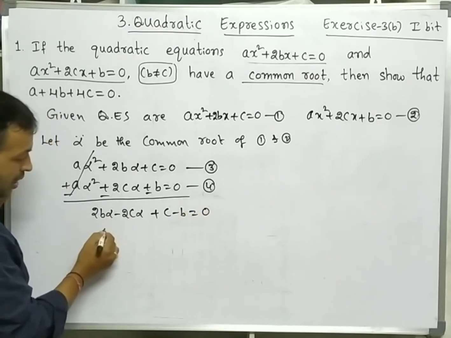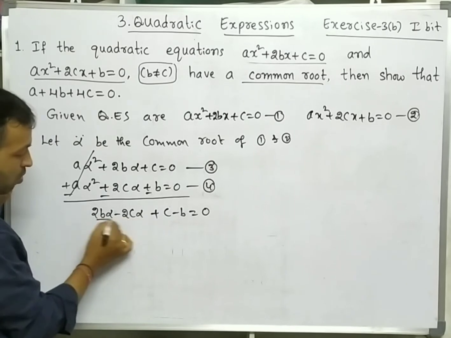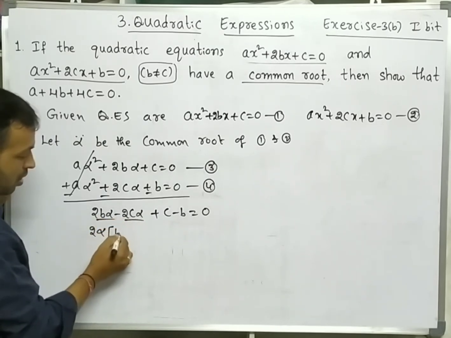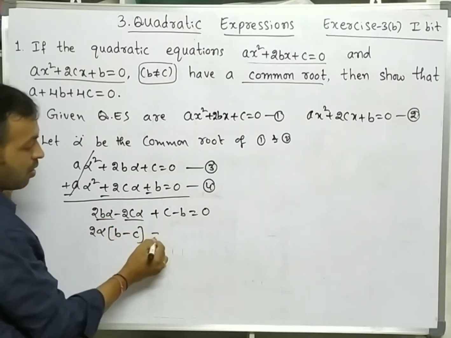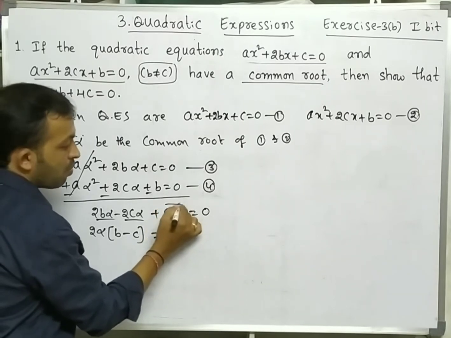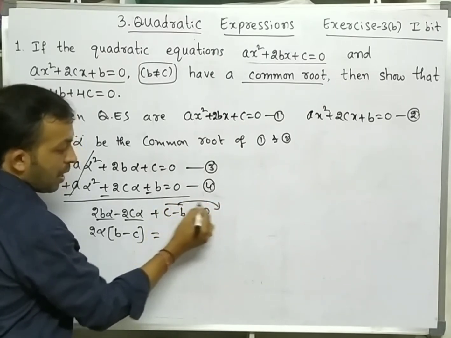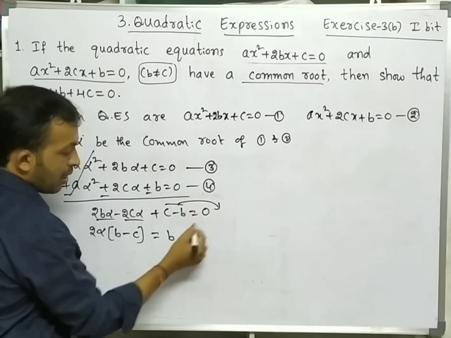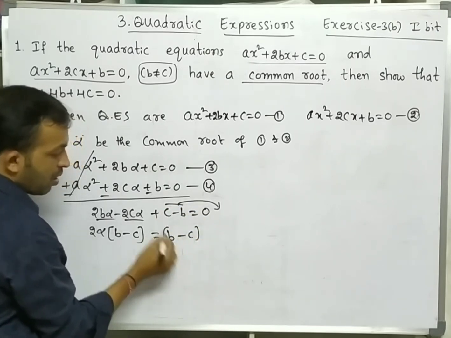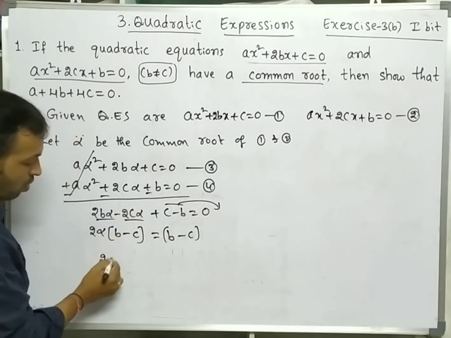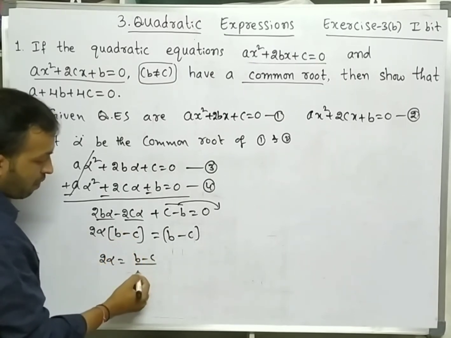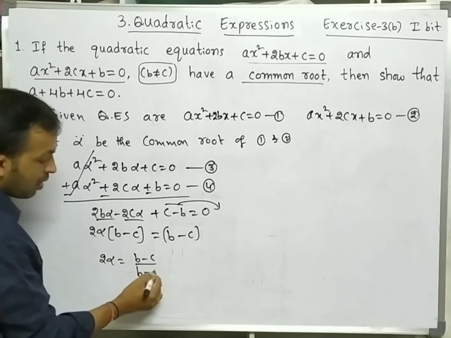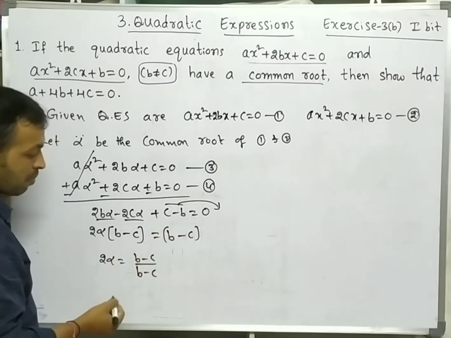Now on the left hand side, in these two terms, 2 alpha is common, right? 2 alpha is common. Then what is remaining here? b, and here minus c remaining, which is equal to, bring these two terms to the right hand side, then minus b becomes plus b and c becomes minus c. Okay, now 2 alpha is equal to b minus c. Here b minus c is multiplying. If we bring it to the right hand side, then it will divide the term b minus c.